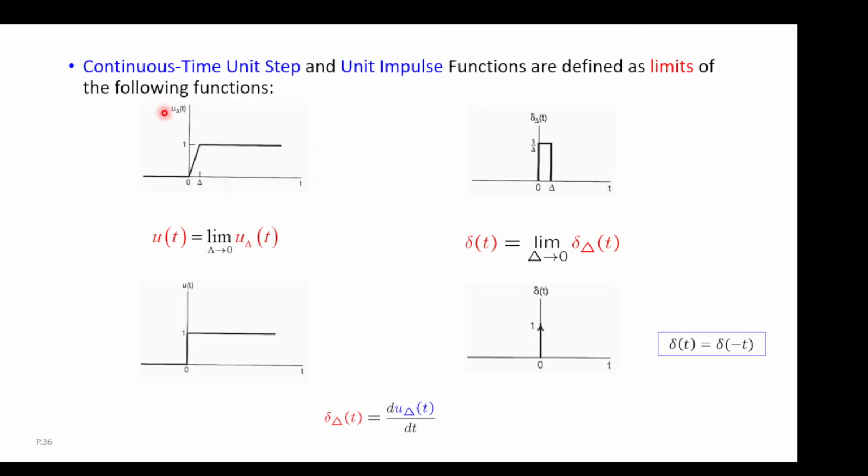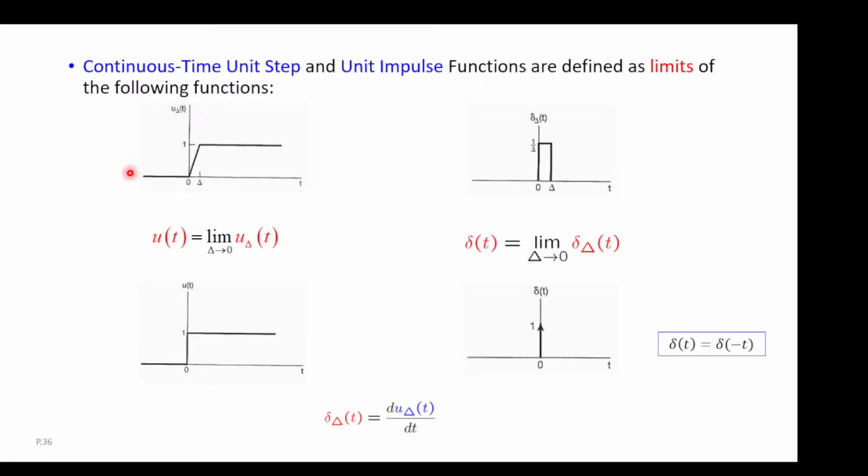So we write a delta version, let's call it triangle, of the unit step and the unit impulse. Those are well-defined functions if you have a finite triangle.